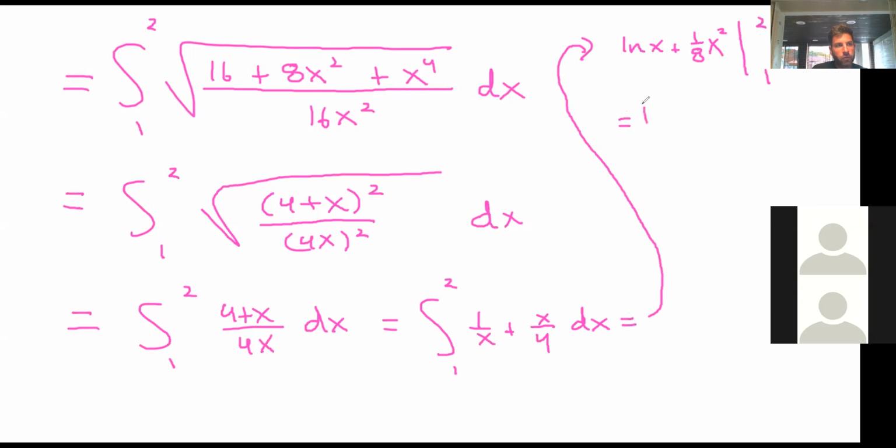You plug in 2, you get log 2 plus 4/8. Then minus, when you plug in 1, you get log 1 plus 1/8. And this simplifies to log 2 plus 3/8. And we have solved the problem.